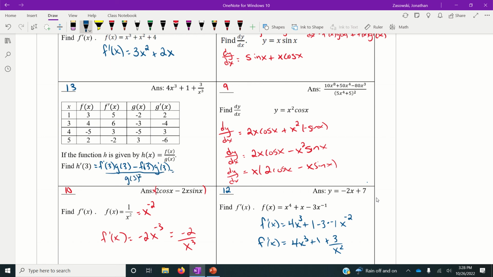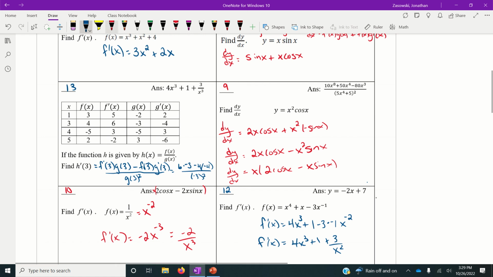All right, let's plug in. F prime of 3 is 6. G of 3 is negative 3. Minus f of 3, which is 4, times g prime of 3, which is negative 4. All over g of 3, which is negative 3 squared.